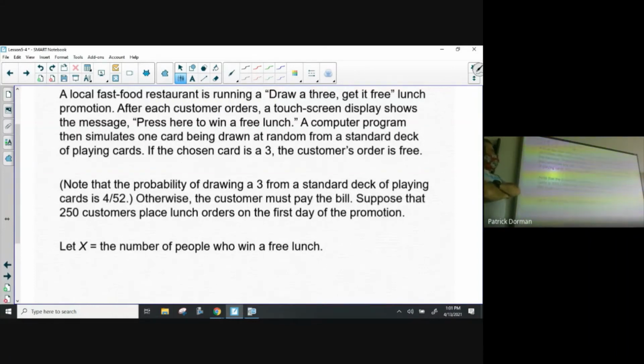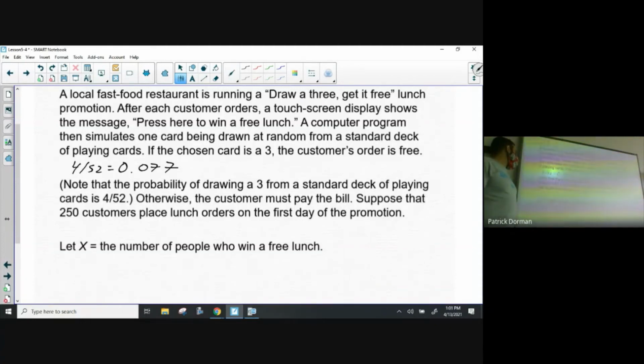If the chosen card is a 3, the customer's order is free. The probability of drawing a 3 is 4 out of 52, which actually turns out to be 0.077 if we put that in our calculator. Otherwise, the customer has to pay the bill.